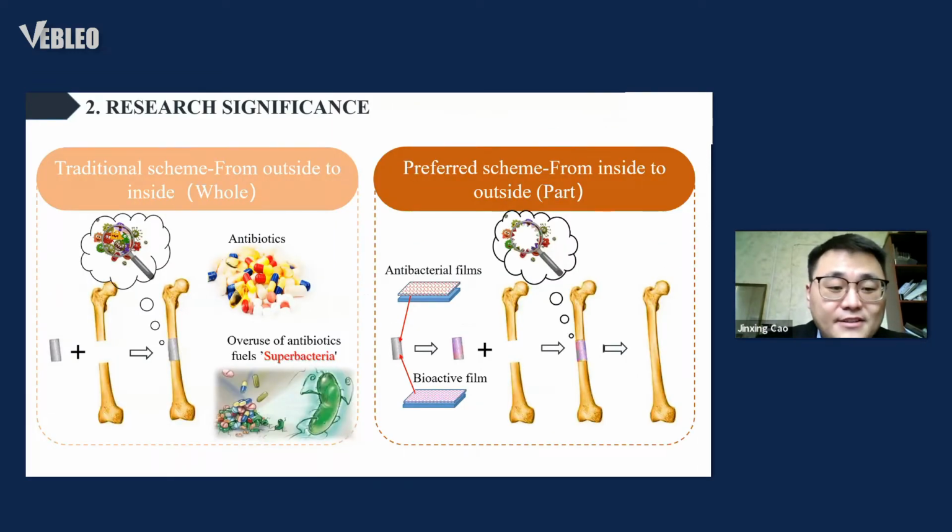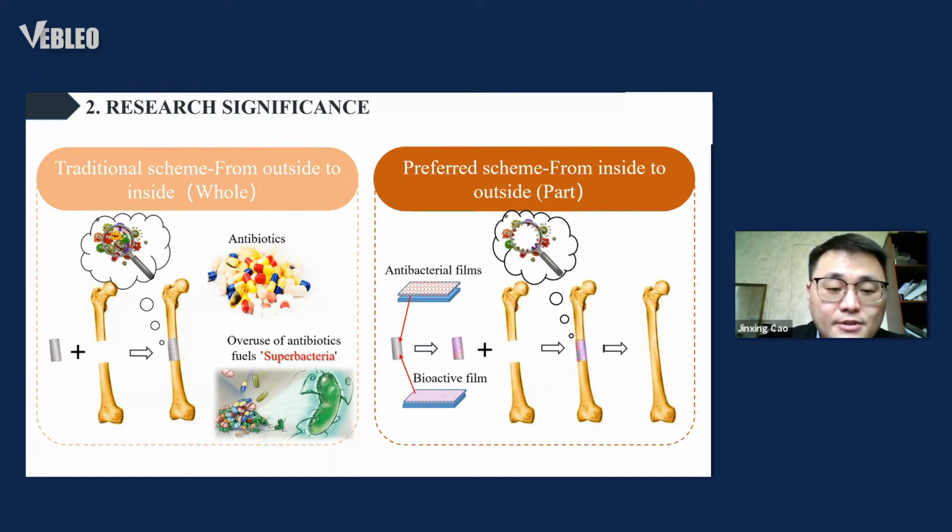For implant infections, the traditional solution is oral or injection antibiotics. However, overuse of antibiotics can lead to the development of superbacteria that cause the implants to fail.